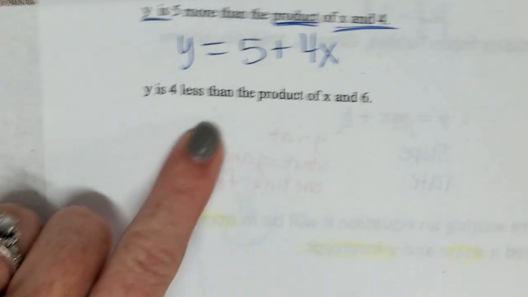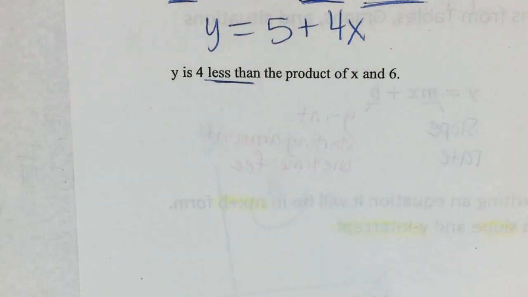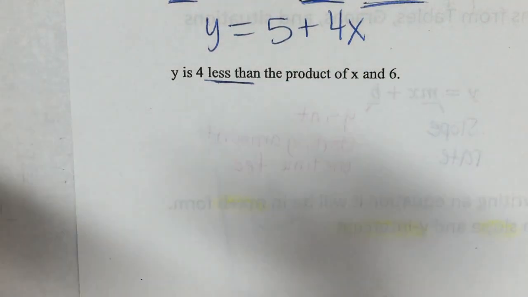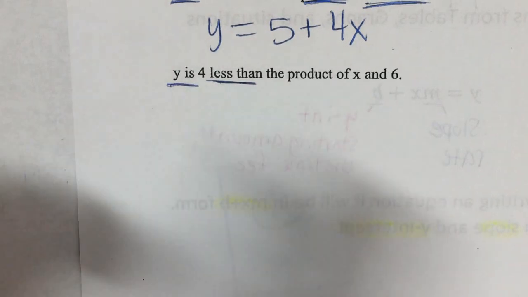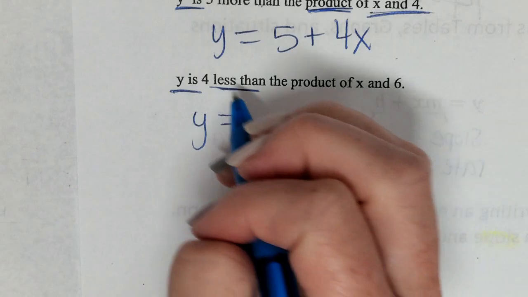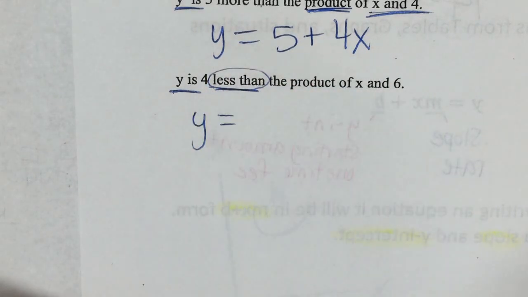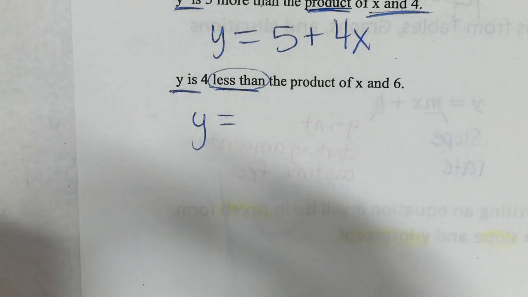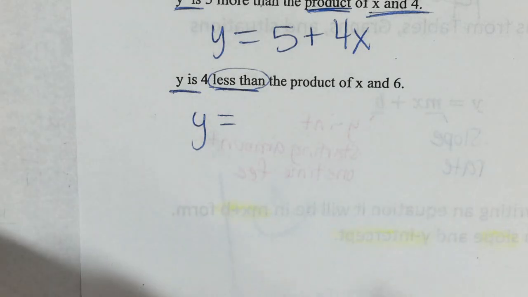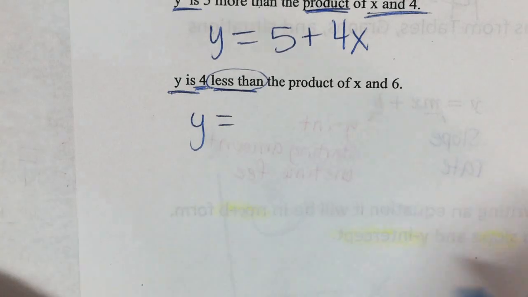Okay, let's write this one, and let's remember this right here is special. So let's talk about it. How would I write y is? Y equals. Now, who remembers what is special about less than? I can't hear y'all. Say it loud. You have to switch their spots. Okay? So, yes, it's subtraction, but this 4 is going to go to the back.